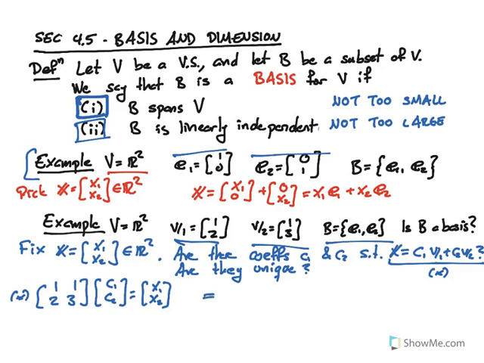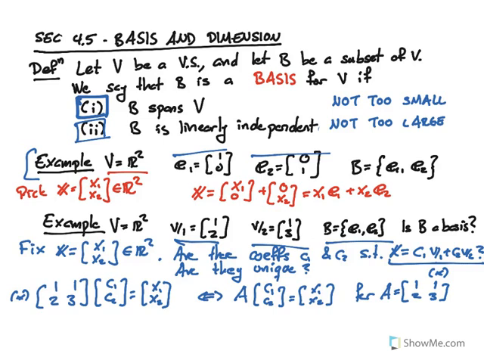Which is the same as the equation A times (C1, C2) is equal to (X1, X2), where the coefficient matrix A is a matrix that has V1 and V2 as its columns.